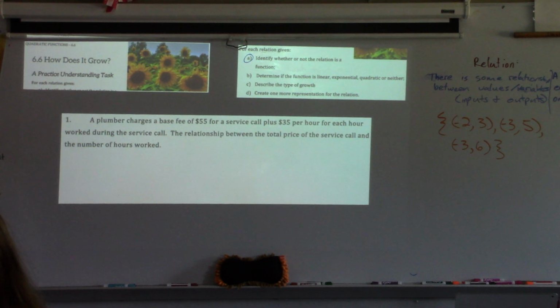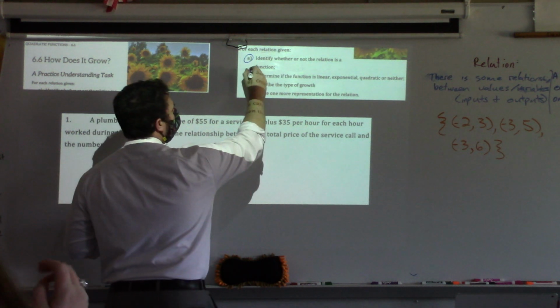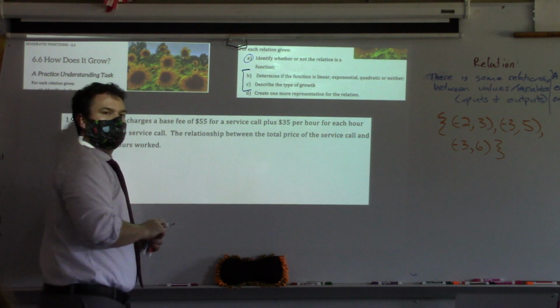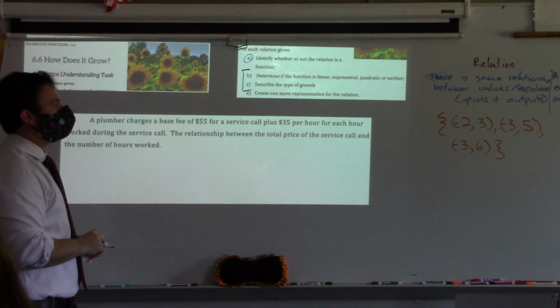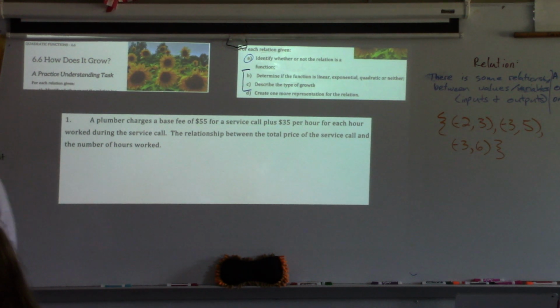Now these next two parts, B and C, notice how it says determine if the function is blank. Well, can you determine if the function is linear, exponential, quadratic, or neither if it's not a function? No. So if it's not a function, do you need to do parts B and C? No. Right?